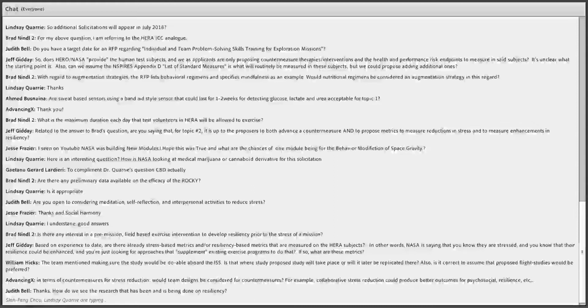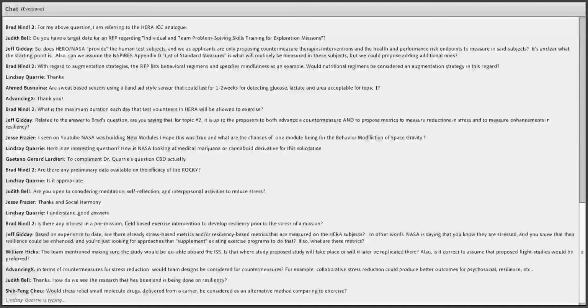For the exercise regimen, it would be preferred there, primarily because the exercise needs to occur in that microgravity environment. That's where we're going to have to use it eventually. However, there can be a component that validates it on the ground and then moves it into ISS. So it depends on the approach.